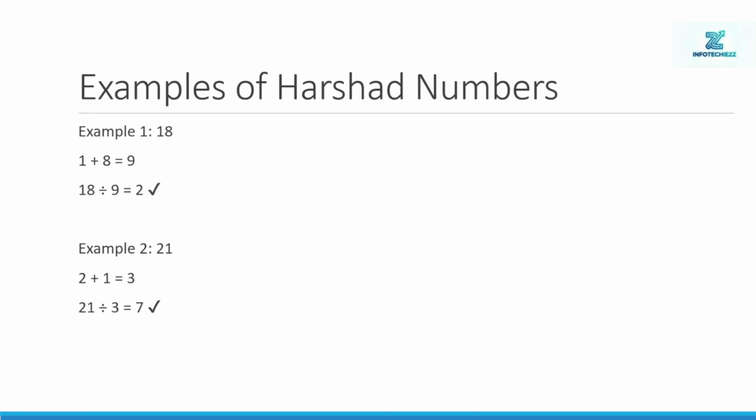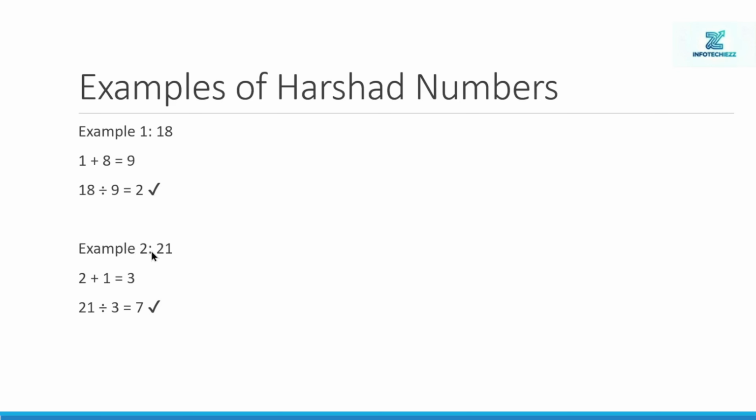So let's see an example here. Here we have taken 18. If I add the digits of 18, what will I get? I get 9. And I have to divide 18 by 9, which means my value divided by my sum of digits. If it is divided completely, then that is a Harshad number.